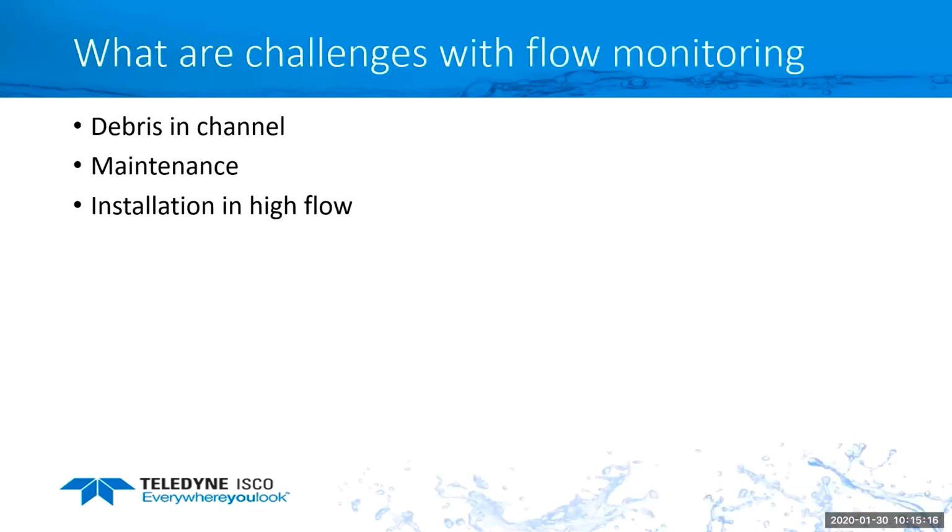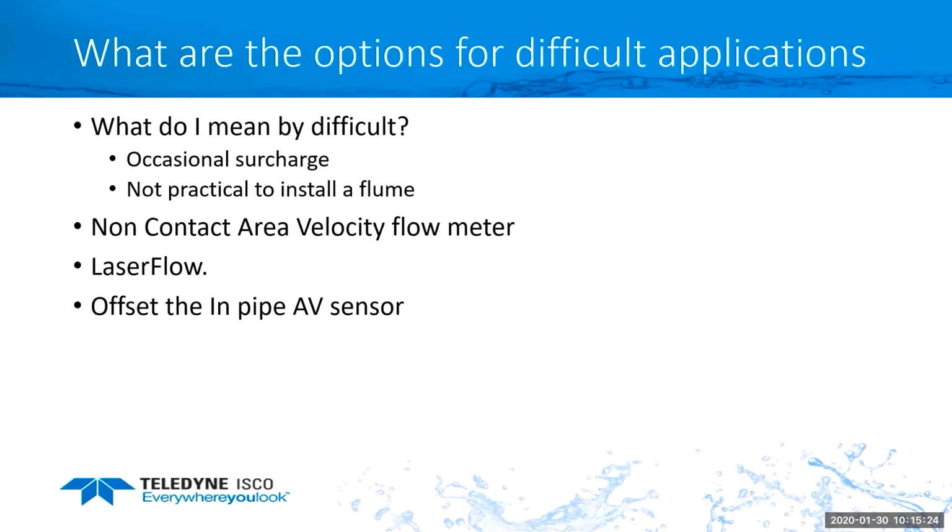So what are some of the challenges with flow monitoring? Debris in the channel, maintenance, and installing sensors in high flow. So what I mean by a difficult application is that it could be a channel that occasionally surcharges. It might not be practical to install a flume because it's just a difficult location, or it's too expensive to install a flume.